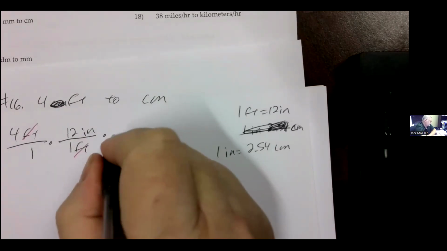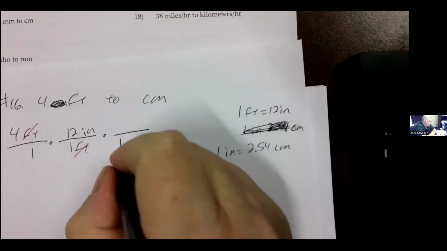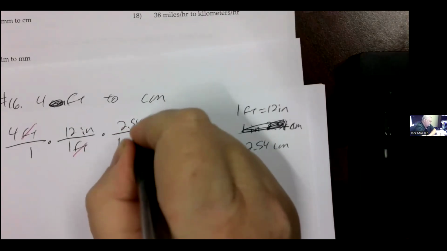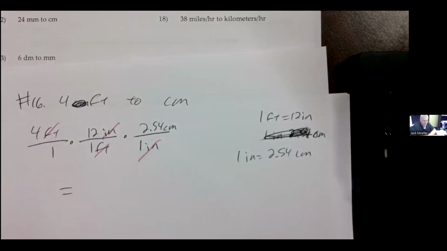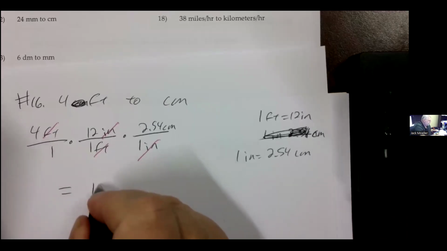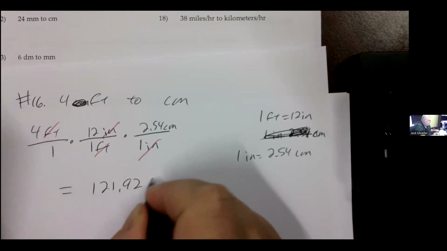Inches is on top here, so it needs to go on the bottom here: 1 inch is 2.54 centimeters. That's all multiplied, because everything on the bottom is 1. So 4 times 12 times 2.54 is 121.92 centimeters.